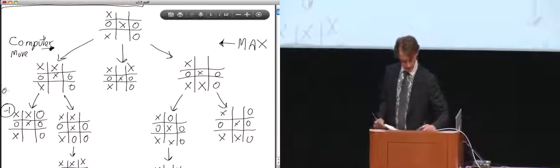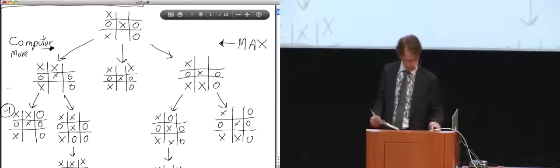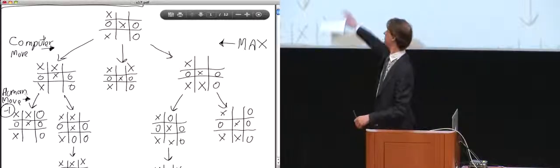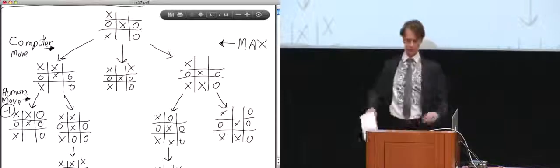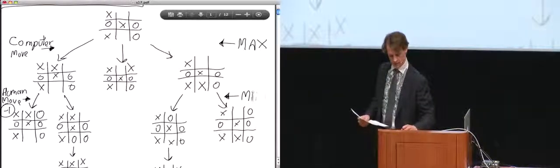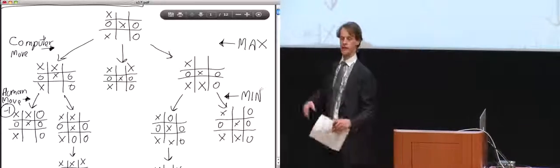The second level of the tree, this is the opponent move. Let's just call it a human move for short. Suppose that your computer is playing against a human. And so these 4 arrows all pointing down represent a human move, and since the human wants the lowest score possible, this is going to be a min level of the edges of the tree.